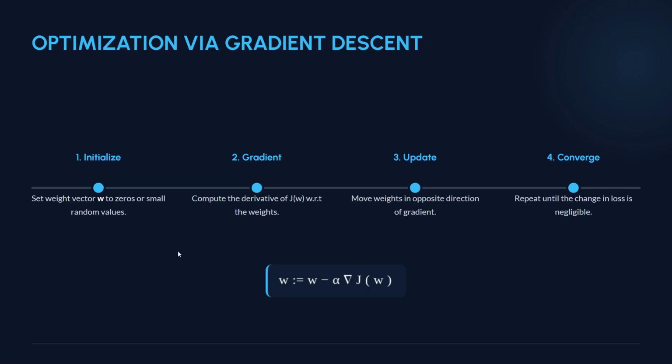Here also, first you initialize your weight as a random value, then you compute the derivative of your cost function, and put it in this equation, same as in linear regression. Then you update the weight, moving it in the opposite direction of the gradient, and repeat until the change in loss is negligible.